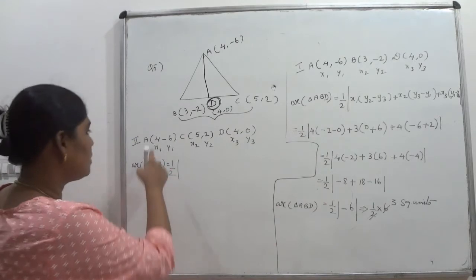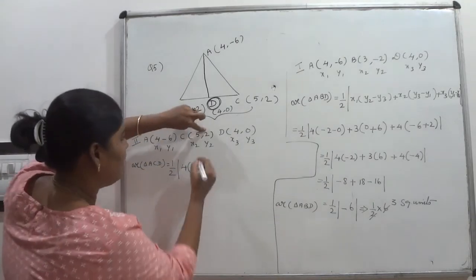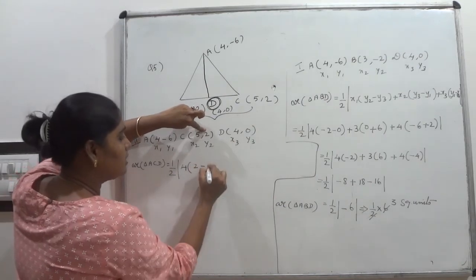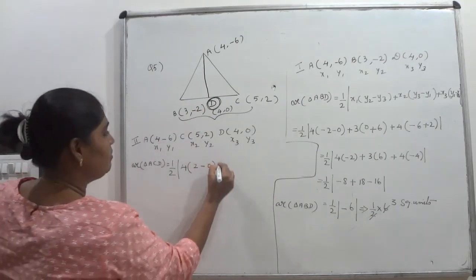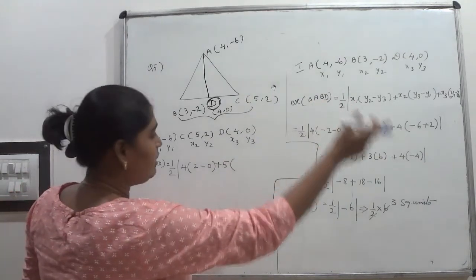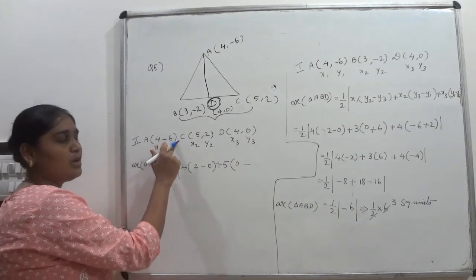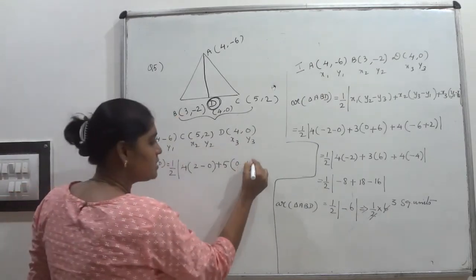What is the x1 value? That is 4 into y2 minus y3; y2 minus y3 is 2 minus 0. Plus x2, that is 5 into y3 minus y1; y3 is 0, minus y1 which is -6, minus of minus is plus 6.